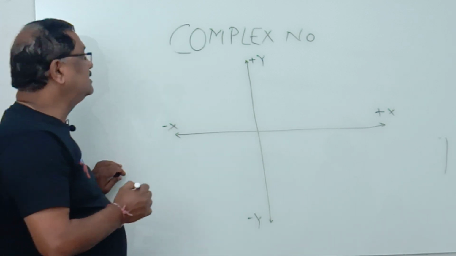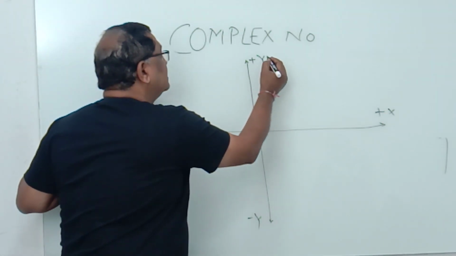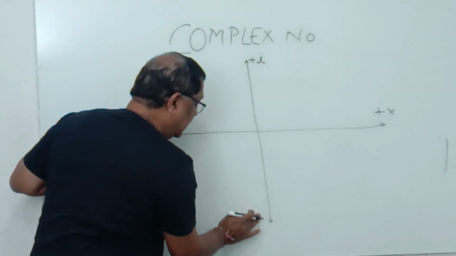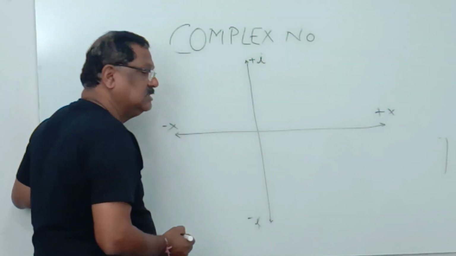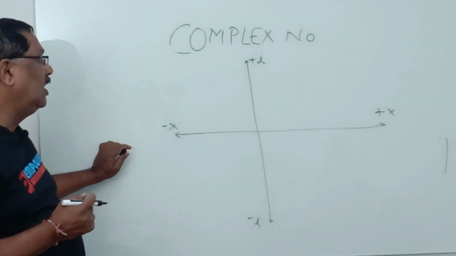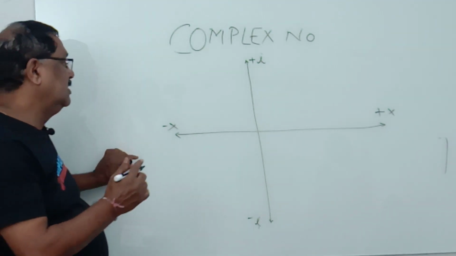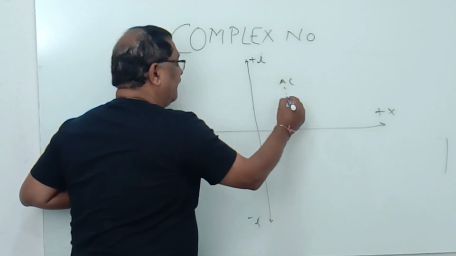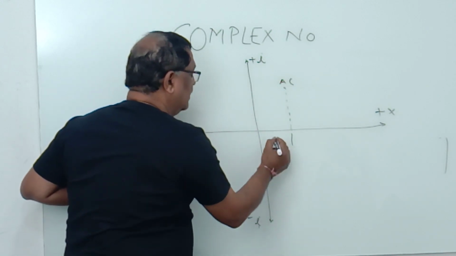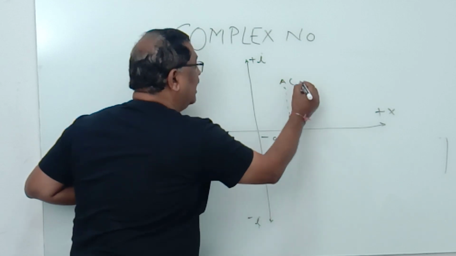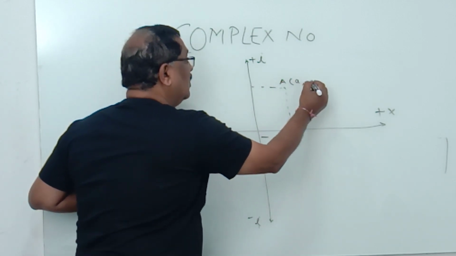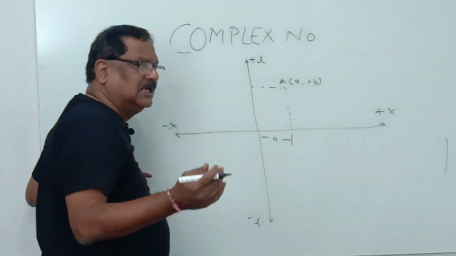Now instead of this, I can have here plus i, which is the positive imaginary axis, and negative imaginary axis, to draw a complex vector. Now here if I take a point A, whose x coordinate is A, and y coordinate is definitely plus B, which we normally take as A comma B.